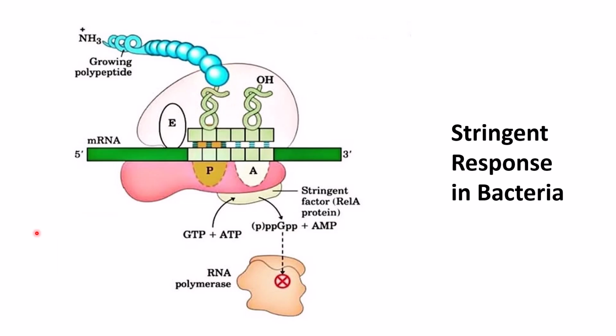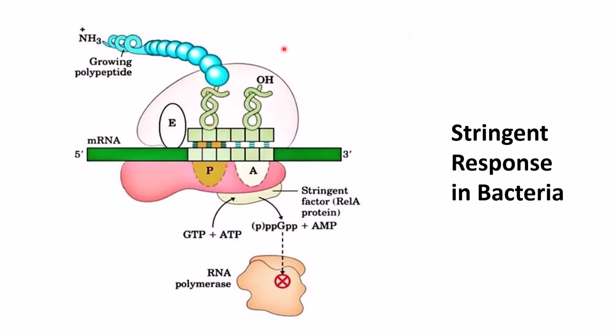When amino acids are scarce, tRNA will become uncharged, that is tRNA will not be able to bind to amino acids. But these uncharged tRNAs can bind to the A site of the ribosome, and this binding will result in stalling or stopping of the ribosome.